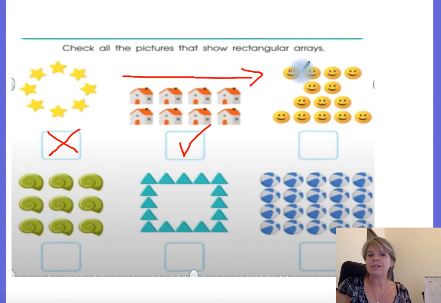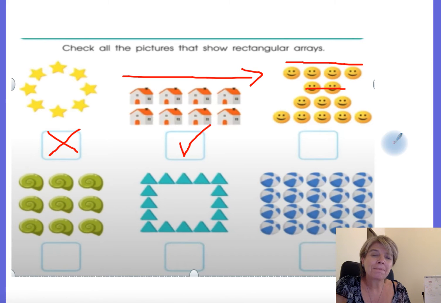How about the happy faces? Are they in rows? Yes, they are. Look. Row, row, row, row. But are the rows the same number? So they're not equal. How about the snails? That's easy, isn't it? Yes, they are the same.